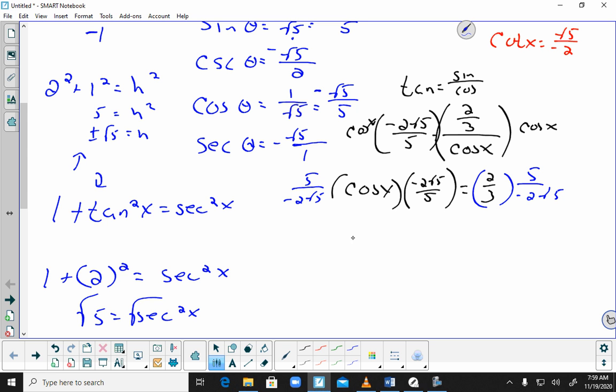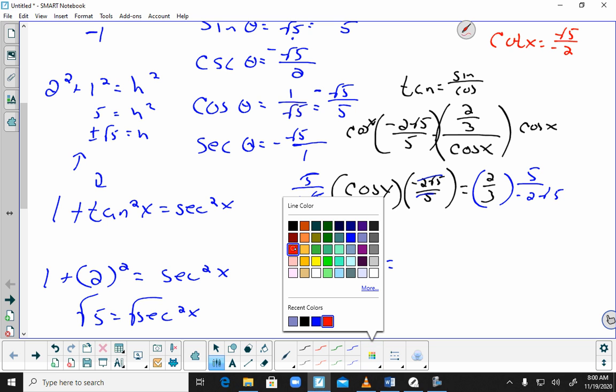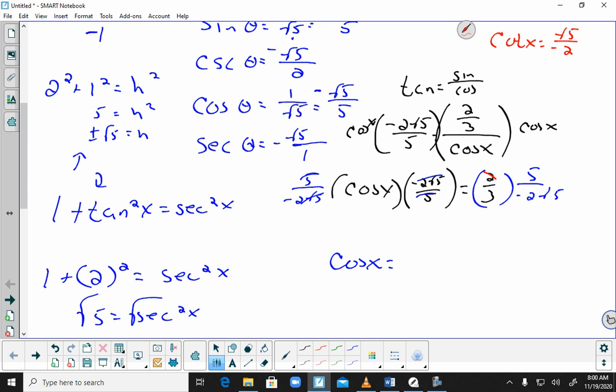And when I do that, these will all simplify, and I'm left with cosine of x. And then here, the 2's will simplify, and so I'm left with 5 over 3 times the square root of 5. And this is negative because of that negative sign. Rationalizing the denominator, square root of 5, square root of 5, so that's 5 square roots of 5 over 3 times 5, but the 5's will simplify.